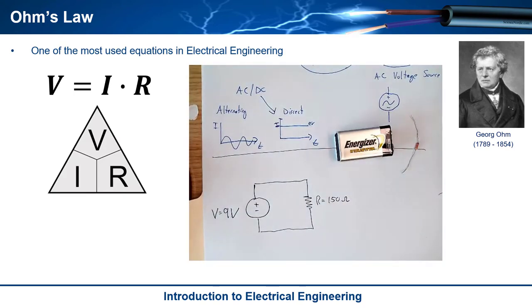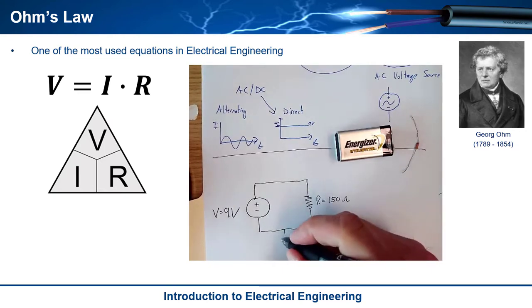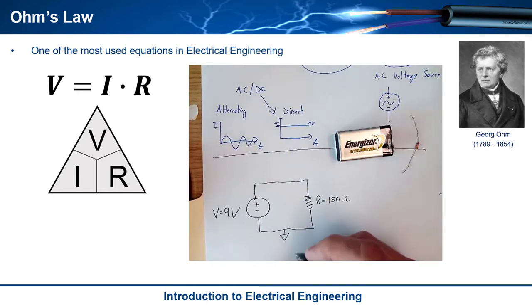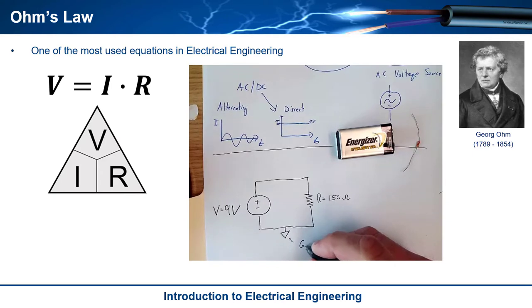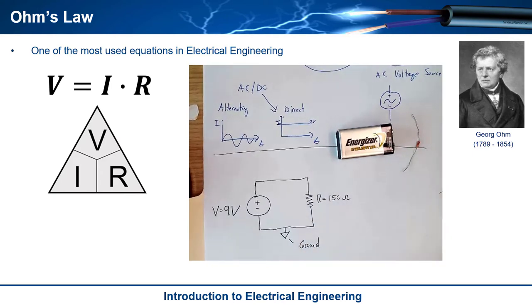Now I'm going to introduce an important concept, which is ground. This right here is called ground. In electricity and electronics, we have this thing called ground, which represents a voltage of 0.